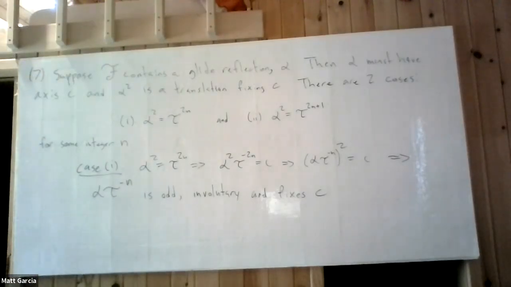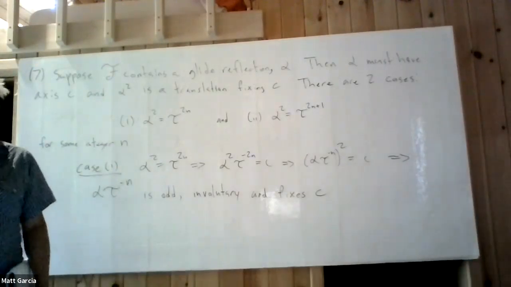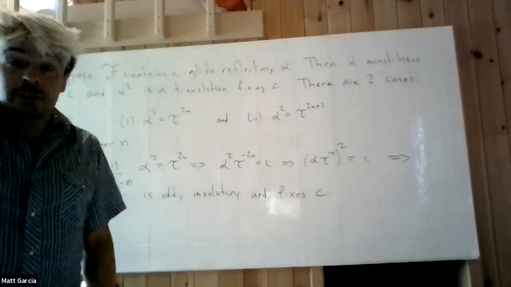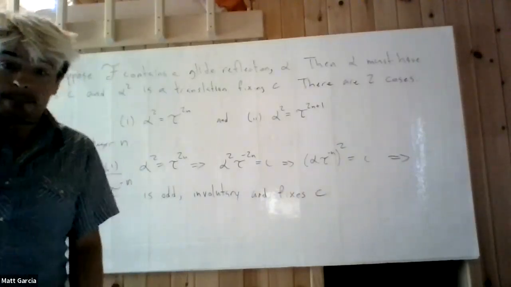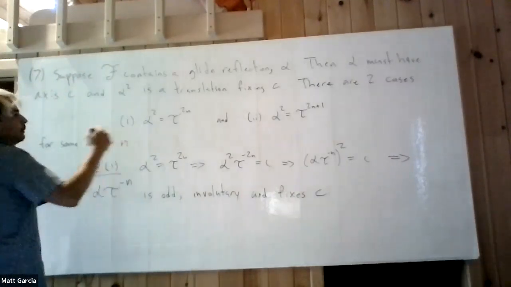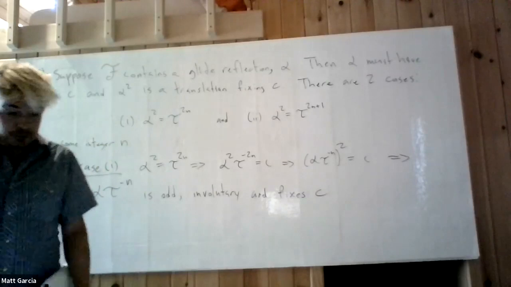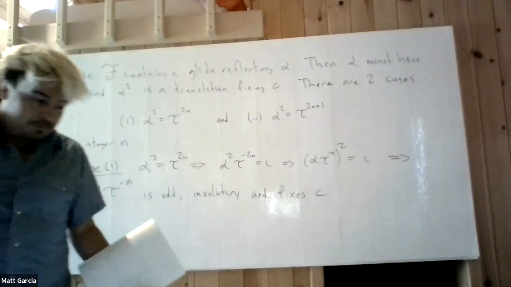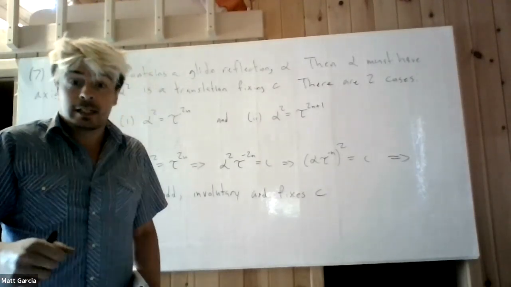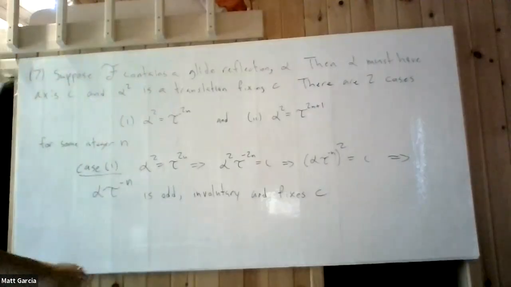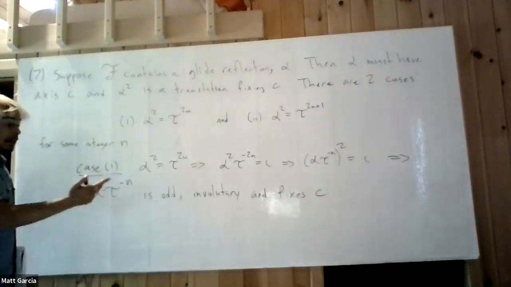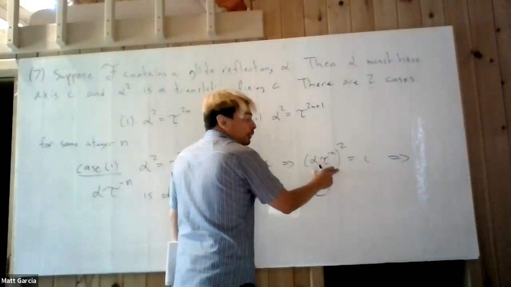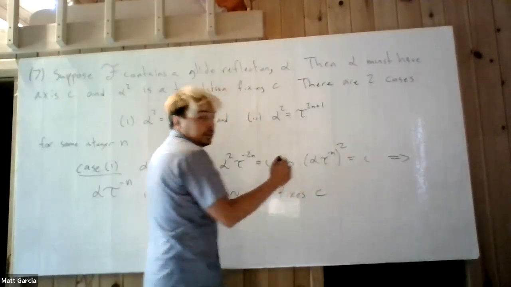Well, tau is even, right? A translation is even. And any power of an even isometry is also even. Alpha, I'm assuming, is a glide reflection, which we defined as a product of three reflections, i.e. it's odd. So even plus odd is odd. This little piece of exponent arithmetic shows that it's an involution.